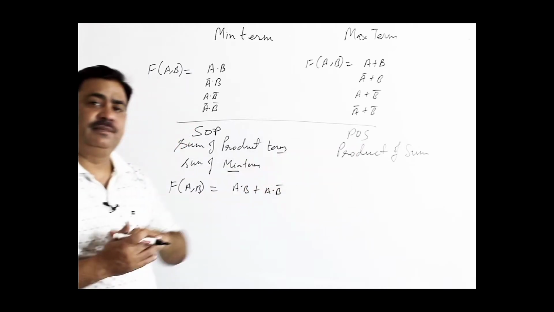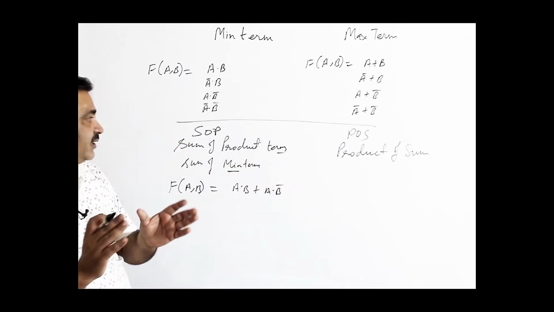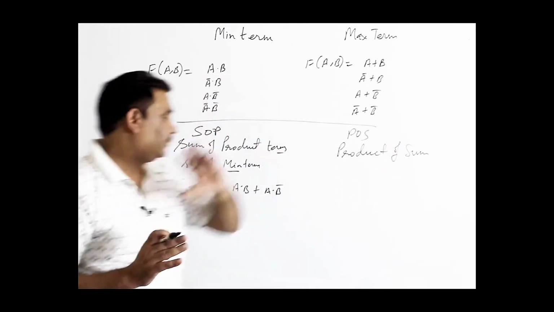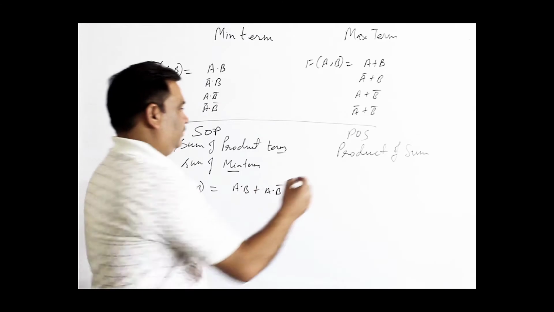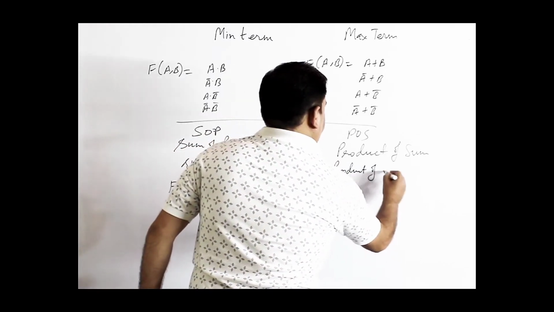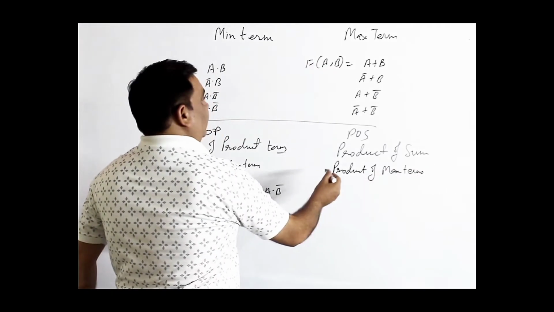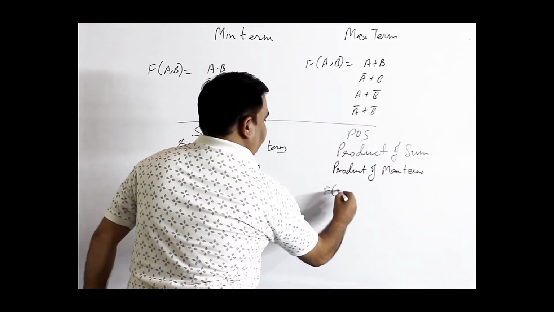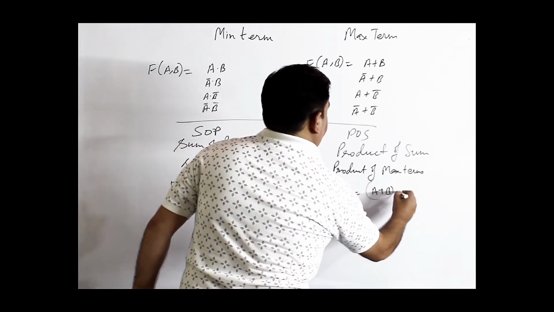Same way product of sum is the product of max terms. It was the sum of min terms, it is the product of max terms. Product of max terms, function a b can be like this.